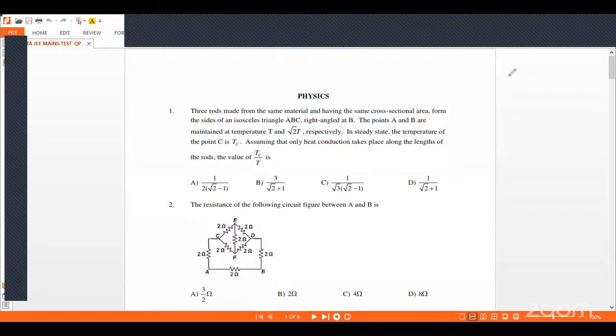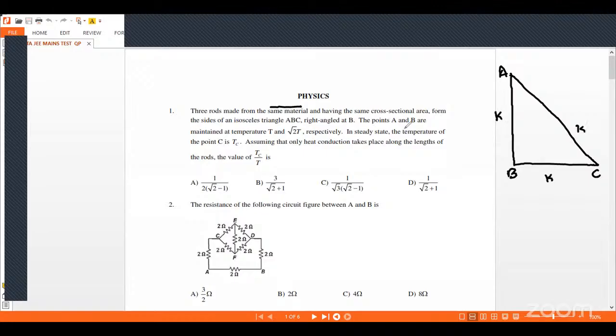We are having an isosceles right angle triangle, right angle at B. I can say that the length of AB and the length of BC are the same, and all three rods are made of the same material, so thermal conductivity will be the same.